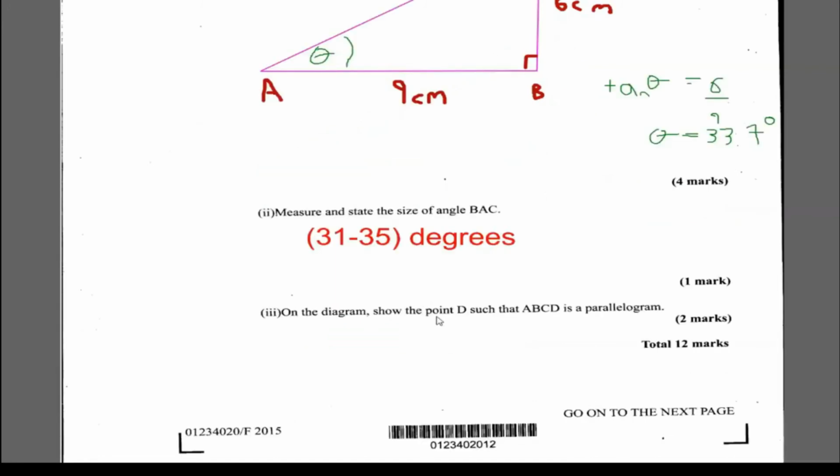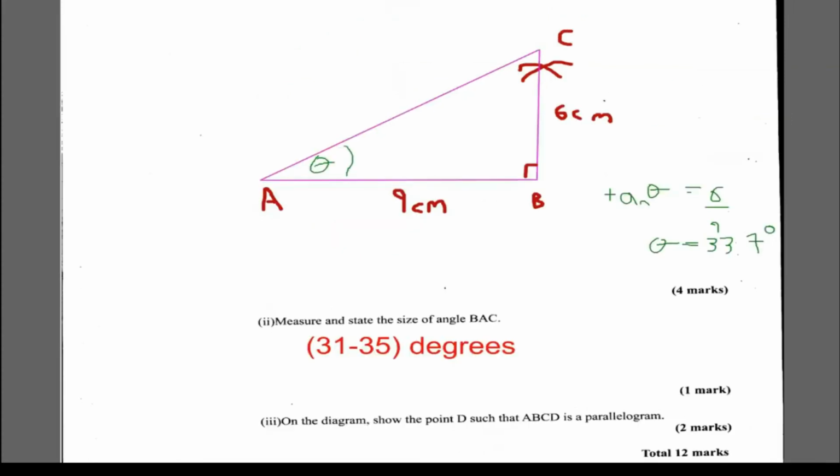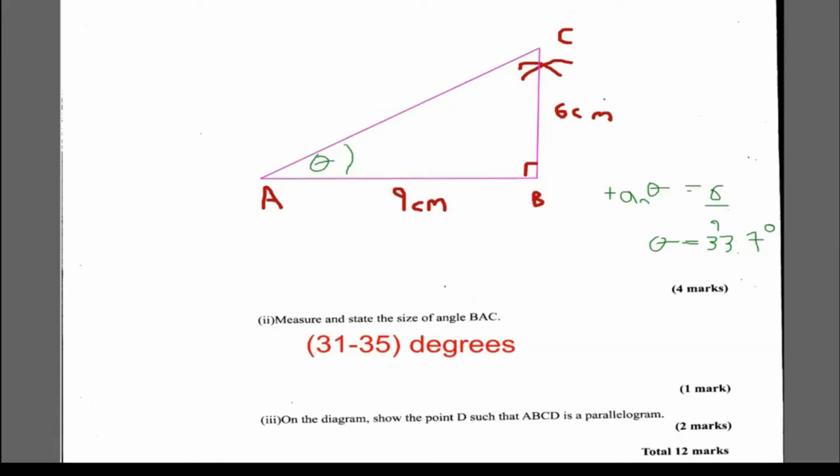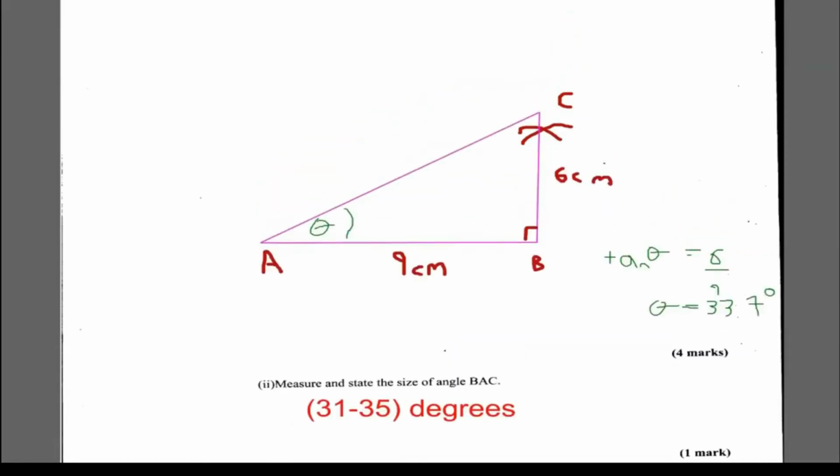Then it says on the diagram, show the point D such that ABCD is a parallelogram. All right, so for this to be a parallelogram, what's a parallelogram? So D has to be here.